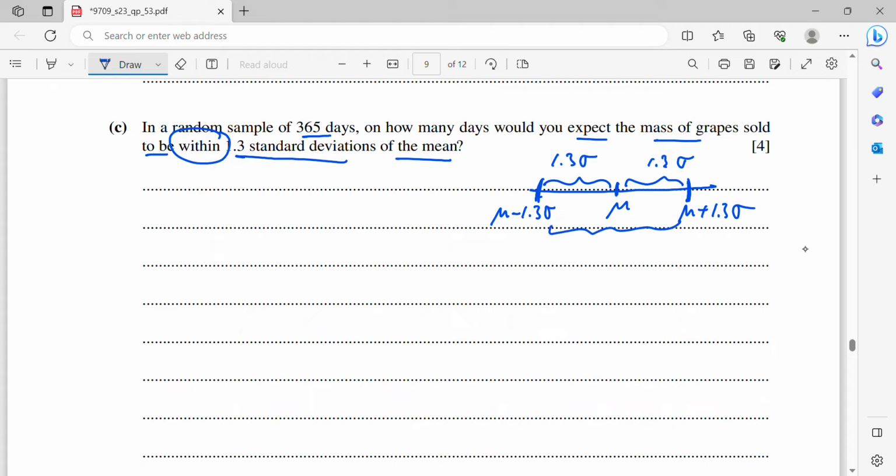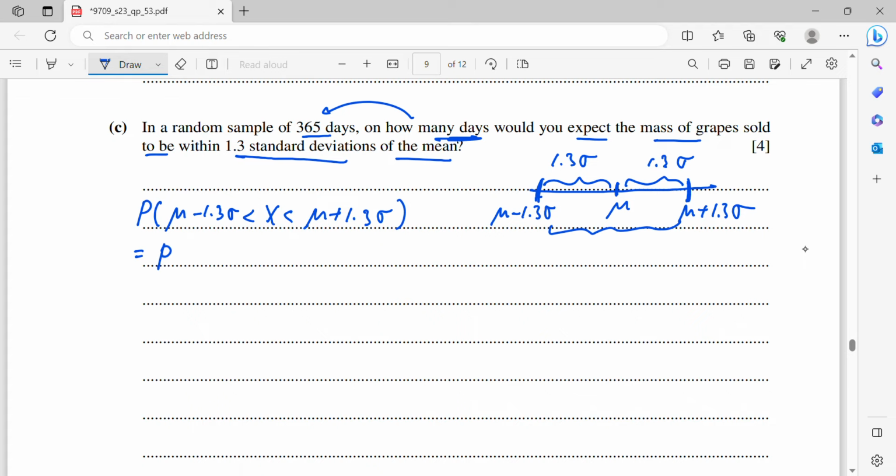So now P(mu minus 1.3 sigma < X < mu plus 1.3 sigma). Before you get the number of days, we need to get the probability first. Then only the probability multiplied with this 365 days.